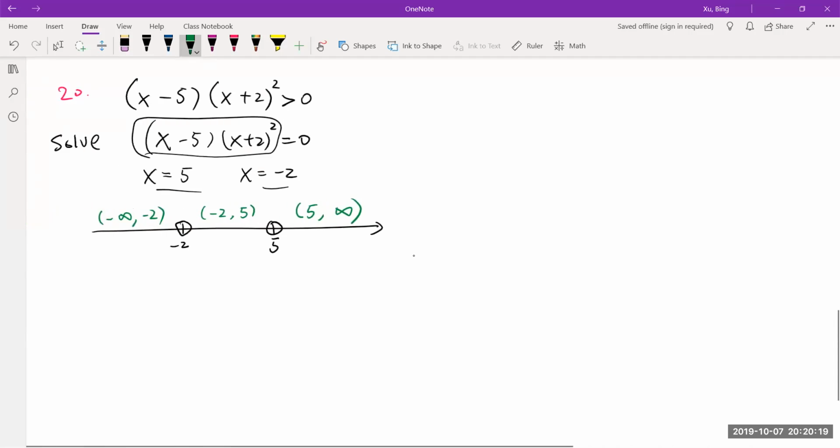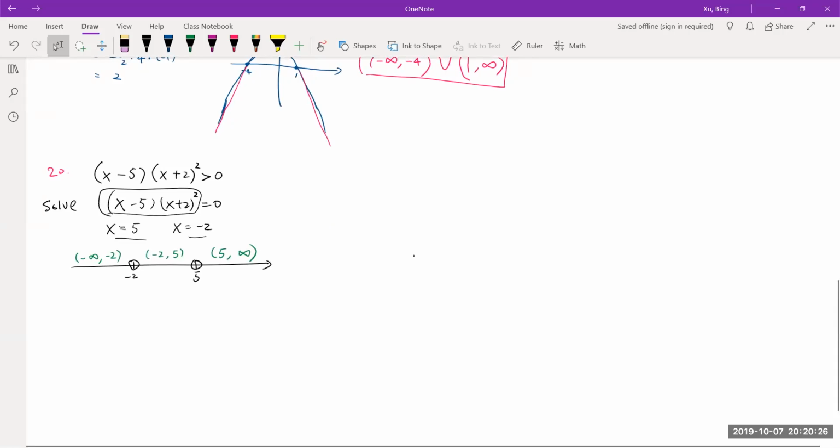All right, so what I will do is pick a test point from each interval. If that test point makes the expression positive, then the whole interval will make that expression positive. If that test point makes the expression negative, the whole interval will make the expression negative.